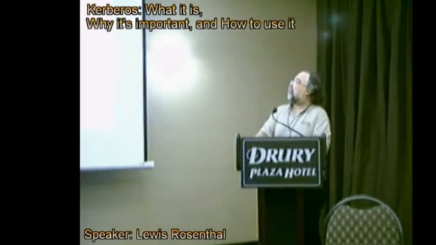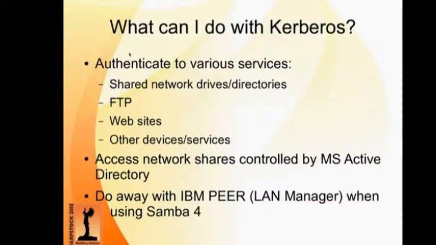So with Kerberos, you can access network shares controlled by MS Active Directory, even with Active Directory configured for the tightest security that it will do. We put that within quotations, right? It's Redmond, Washington security.